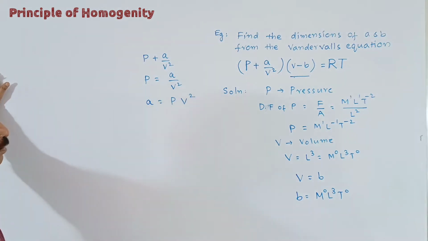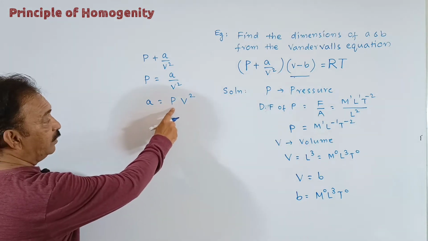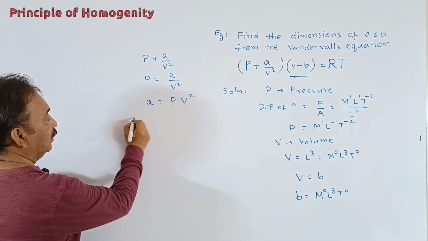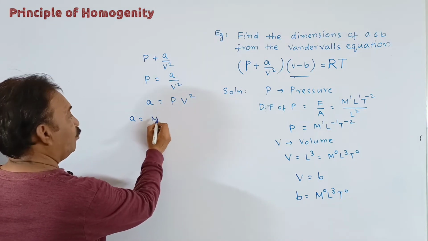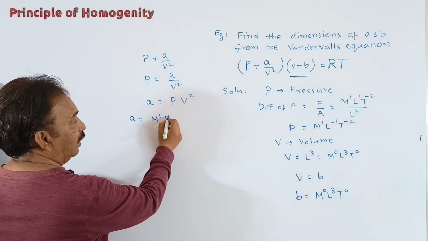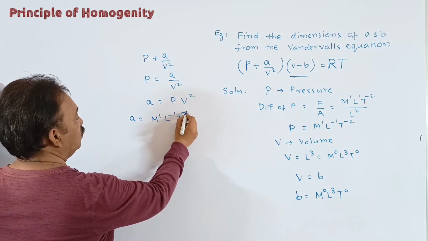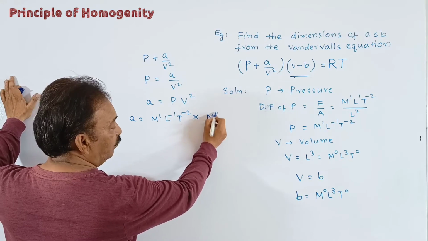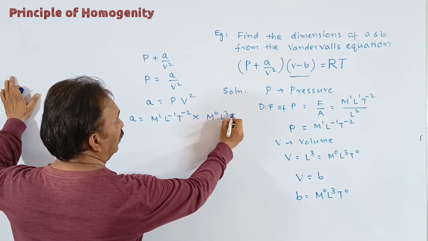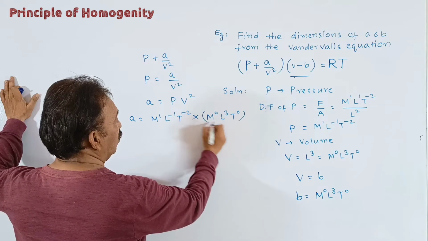Already we got the value of P and the volume here. Then A can be written as P, pressure, M1, L inverse, T inverse 2, multiplied with volume, M0, L cube, T0, whole square.